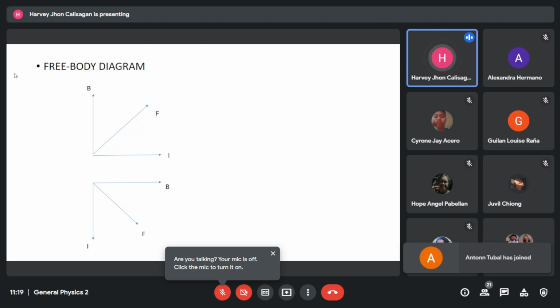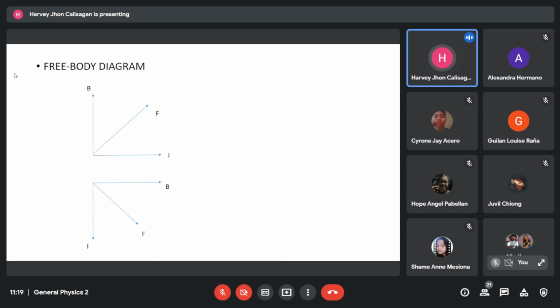Okay, before I expose you to the other formula, let's have first this free body diagram. I want you to analyze this figure. So we have here two samples, but actually the idea here is only one.